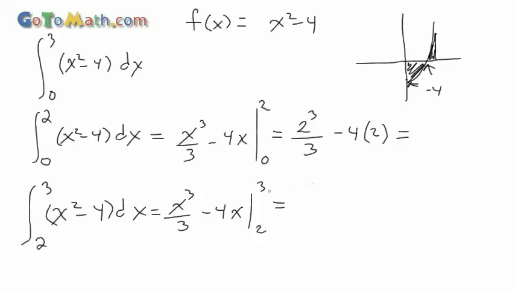Oh yeah, I guess I left this part off, but when we plug 0 in, you get 0, so that's the reason I didn't even write that up here. Anyway, we got 3 cubed over 3 minus 4 times 3, minus, and I always start a big parenthesis here because we have a minus sign, okay? And then we plug in our lower bound, so we have 2 cubed over 3 minus 4 times 2.